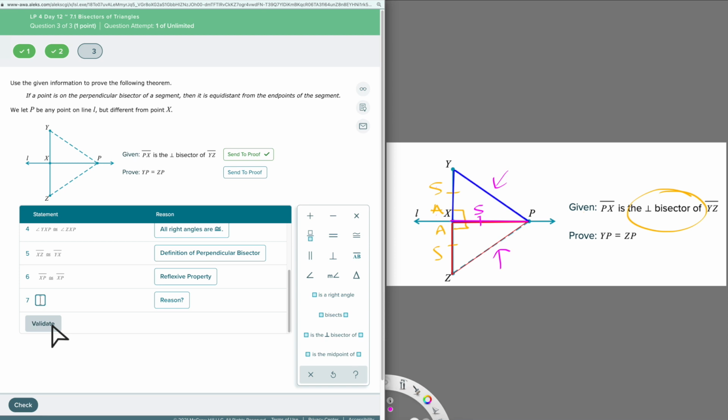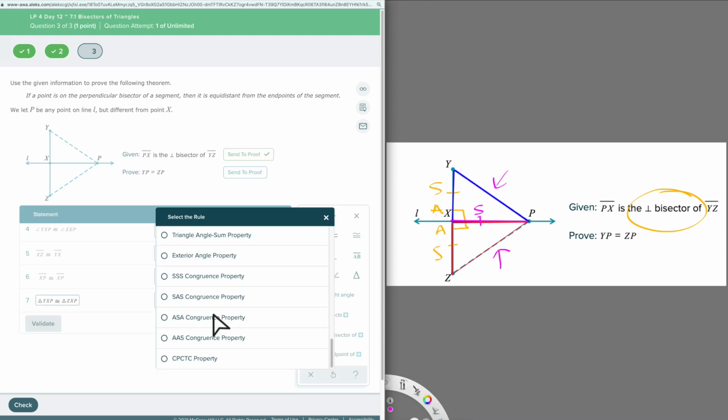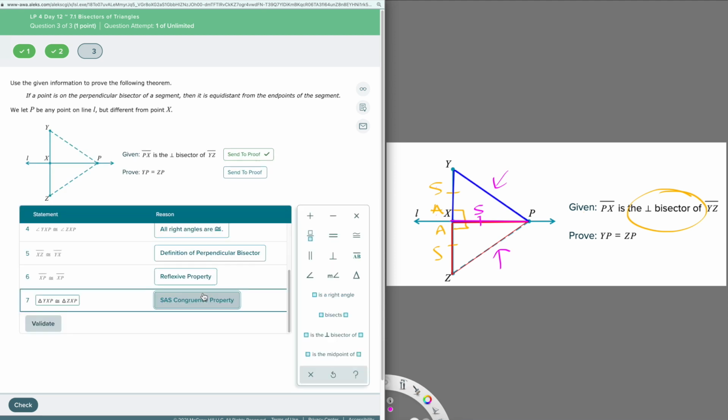Now I can say that the triangles are congruent to each other, so I'm going to say triangle YXP is congruent to triangle ZXP, and make sure you're paying attention to the order here. Y and Z are corresponding, X and X are corresponding, P and P are corresponding, so you want to make sure you have them in the right order there. And it's SAS, correspondence. All right, so now I have my triangles congruent.